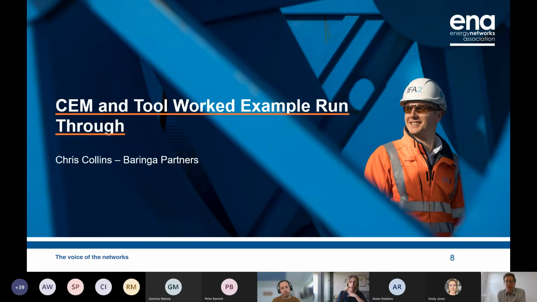So what we're going to do now is we're going to move over to Chris, and Chris is going to do a detailed run through using a worked example. Mary and I will be looking for comments, any questions, any queries through Chris's discussion, and we'll probably stop if there's some things that are easy to answer there and then.